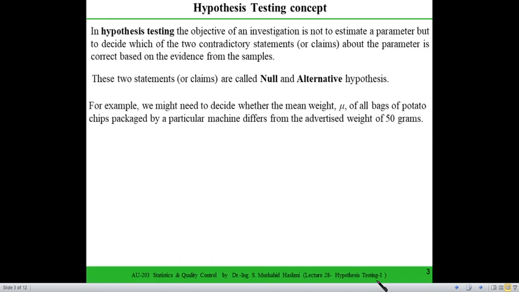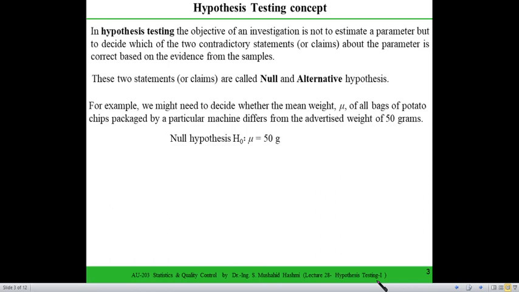One of the statements is that the mean weight is 50 grams. That becomes your null hypothesis. And the alternative hypothesis is that it is other than 50 grams. So those would be the two claims.